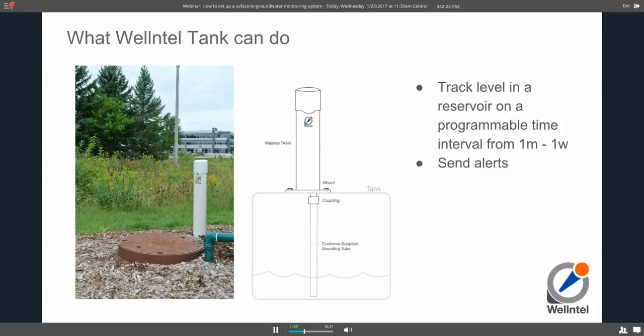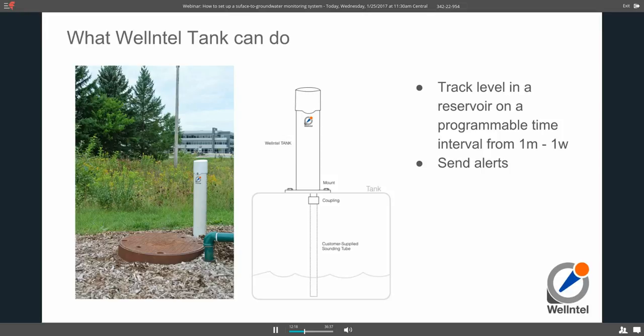In this case, what we've done is we've created an alternative mounting method to attach this type of sensor to a sounding tube in a stilling well or a holding tank or a reservoir or a cistern.